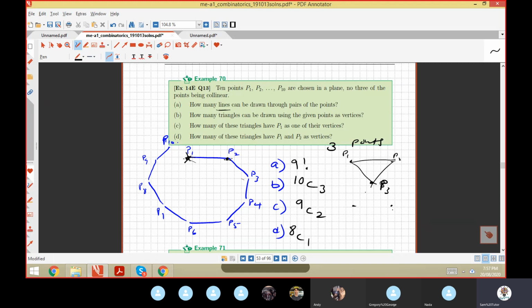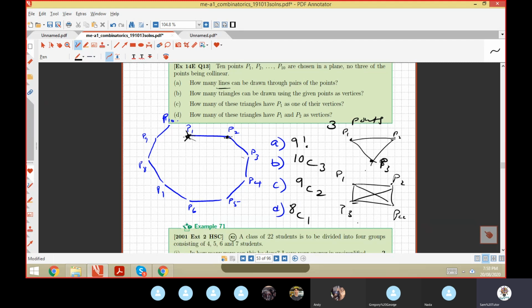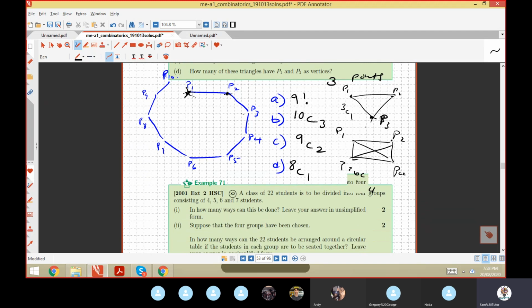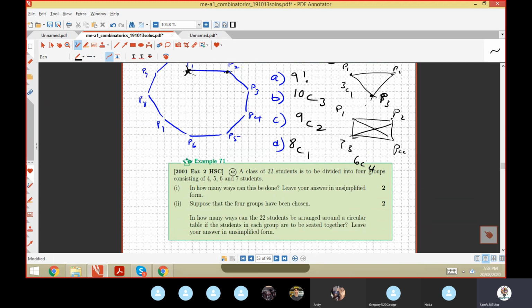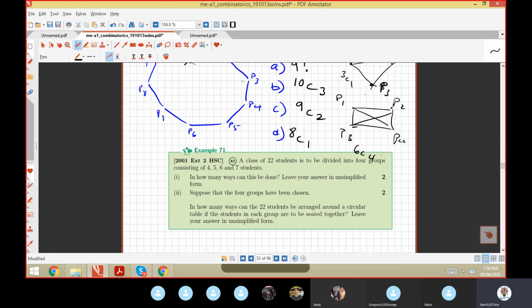If it was 4 points, P1, P2, P3, P4, you only get 1, 2, 3, 4, 5, 6, and that's it. So for 3 it's 3, for 4 it's 6. All we're doing is basically you have to subtract from the total number. I think you're subtracting 2 from what it looks like.